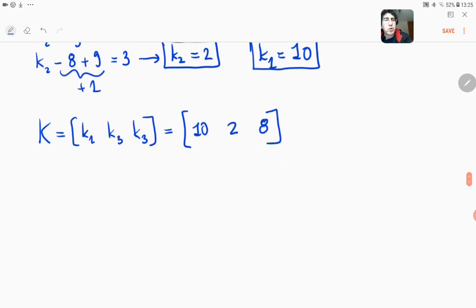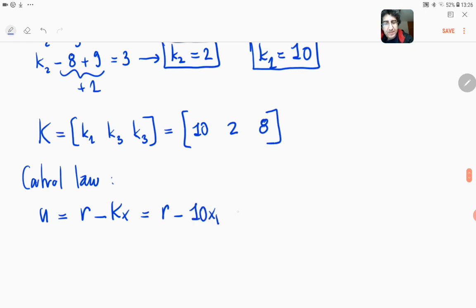So what is the control law? The resulting control law will be a state feedback. So U will be equal to R minus K times X, which is equal to R minus 10 times X1 minus 2 times X2 and minus 8 times X3.